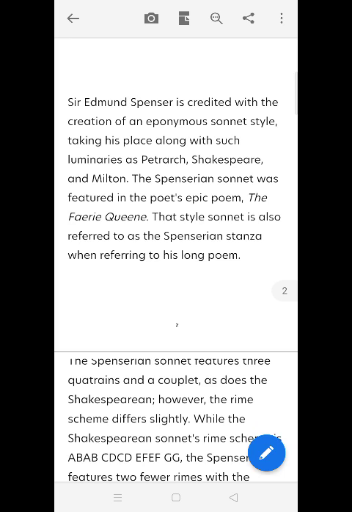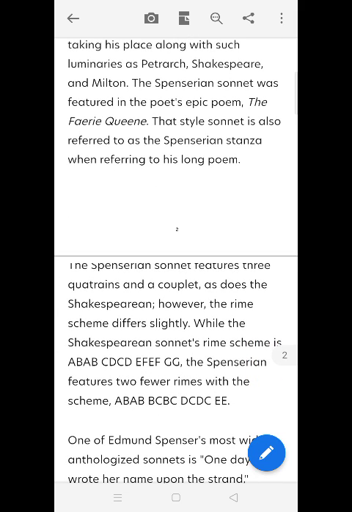So our present poem is also a Spenserian sonnet, which is featured by having 3 quatrains and a couplet. What does it mean by Spenserian sonnet?